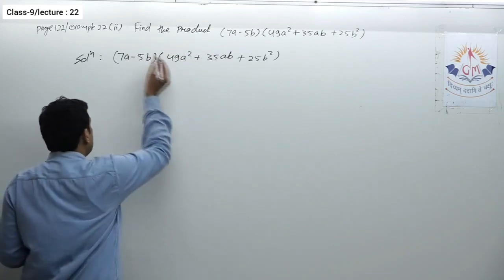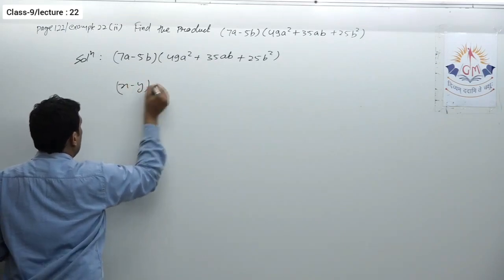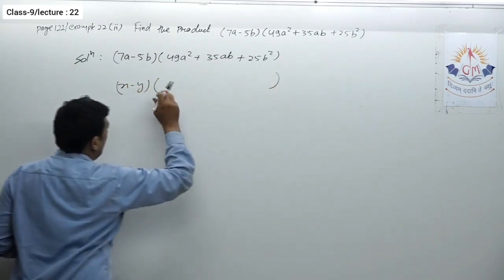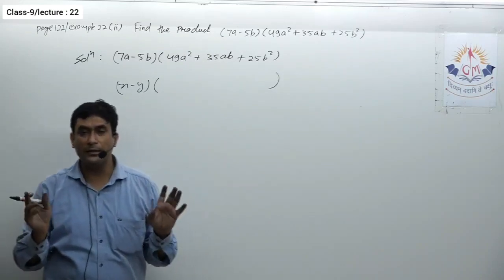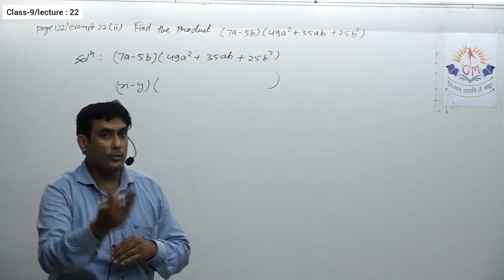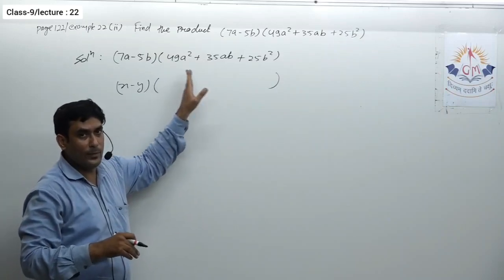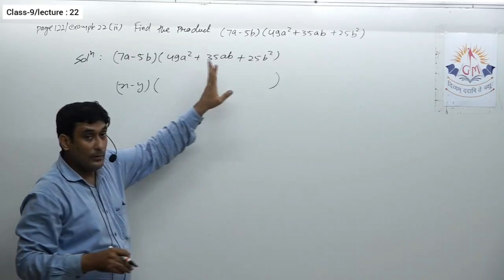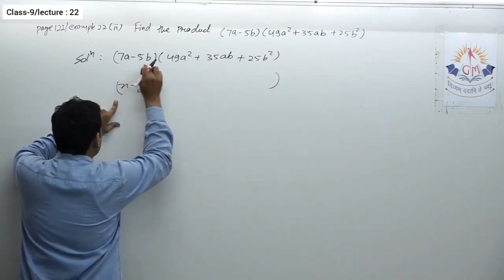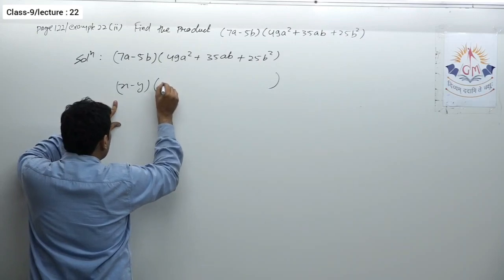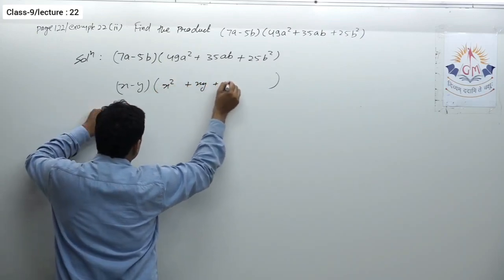I'm just assuming this is x, this is y, x minus y. Now after x minus y there is one more bracket with three terms. If you remember the identities, there is an identity whose left side is x minus y times x square plus xy plus y square. So if this is x and this is y, here it should be x square, then plus xy, and then y square.